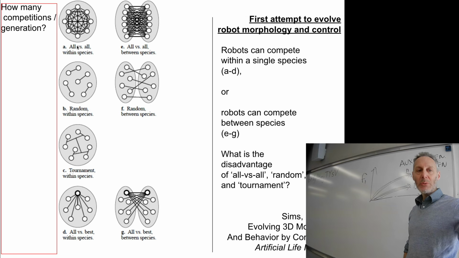Okay, so how do we do this? Let's start by assuming what we're most familiar with, which is a single population of robots. We take one robot, represented by the circle in the top here, and we run n-1 simulations if n is the number of robots in the population. We compete this robot one at a time against all the other n-1 robots.